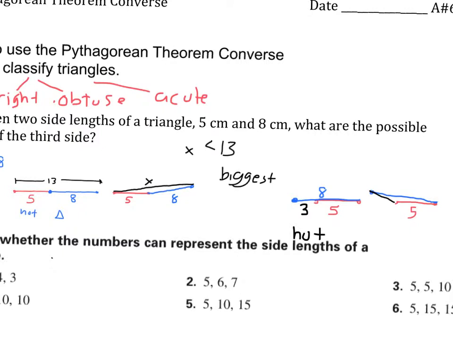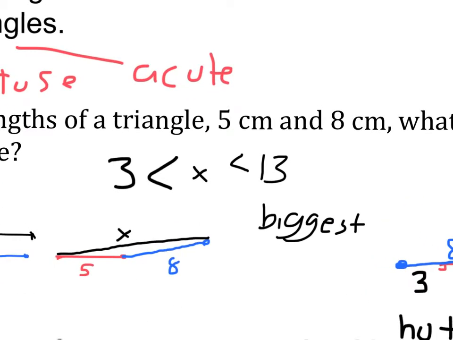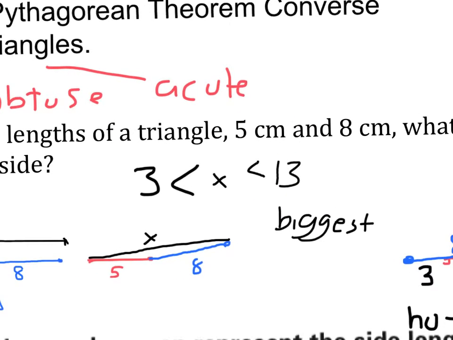So what are my possible options? My side length has to be bigger than 3, 3.1, 3.2, 4, 5, 6, 7, 8, 9, 10, but less than 13. Where did those two numbers come from?